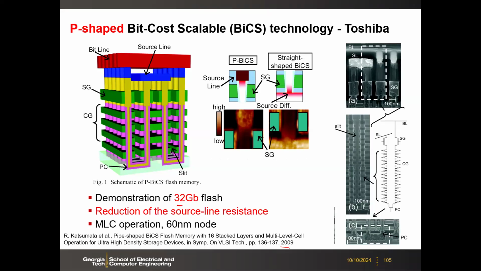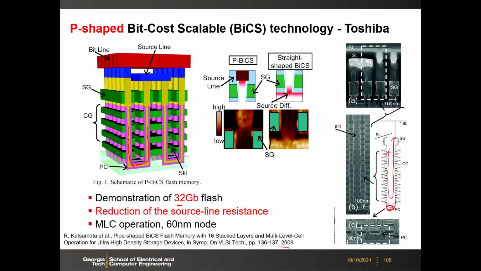In the second paper, what they did is to fold the two strings like this. If you look at the equivalent schematic, it's like that. You are going to fold it. There is an additional pass gate control here, but the two strings become effectively one string.